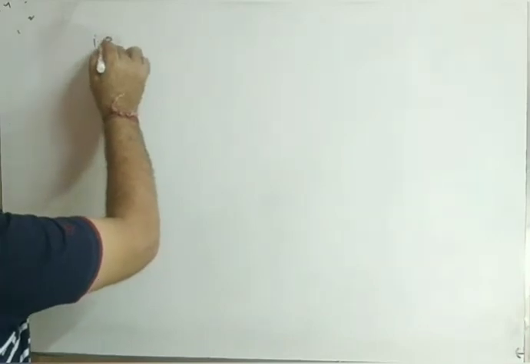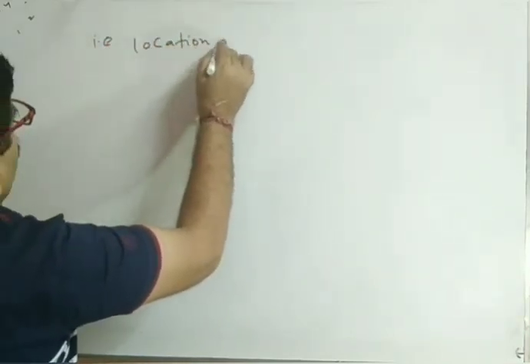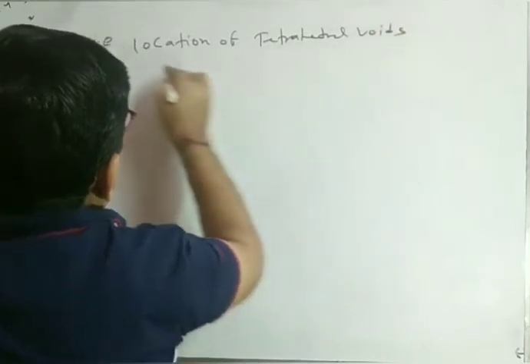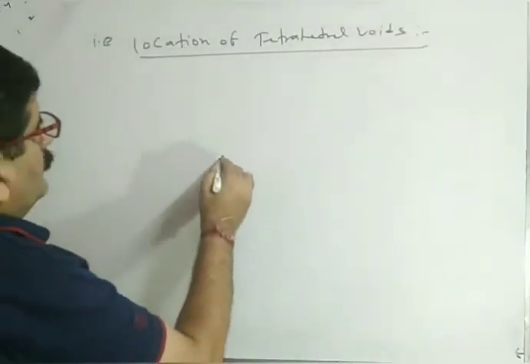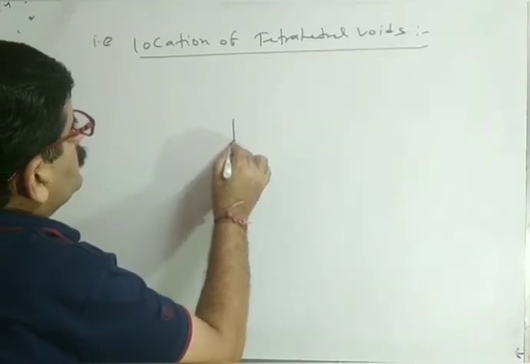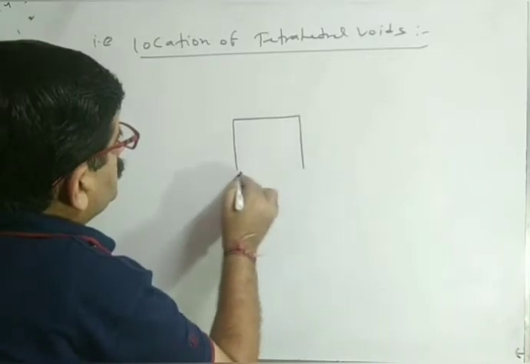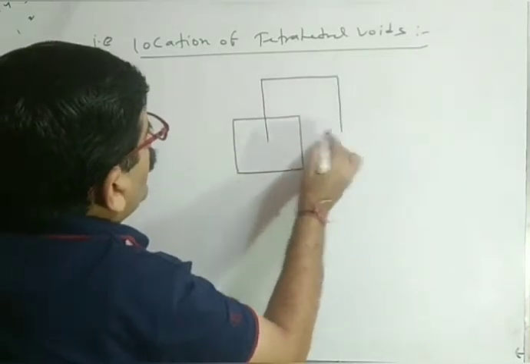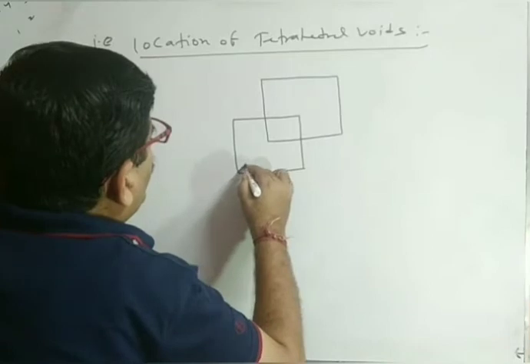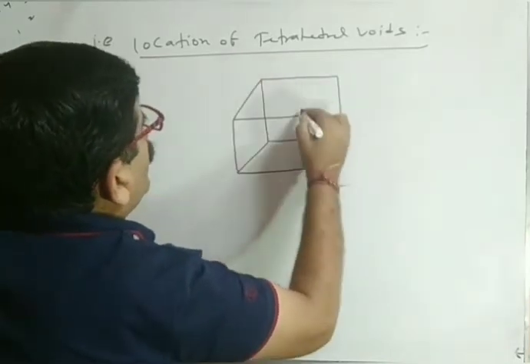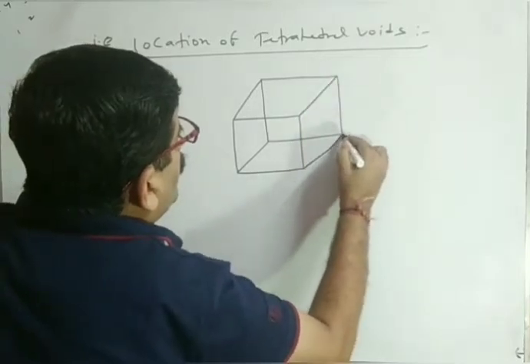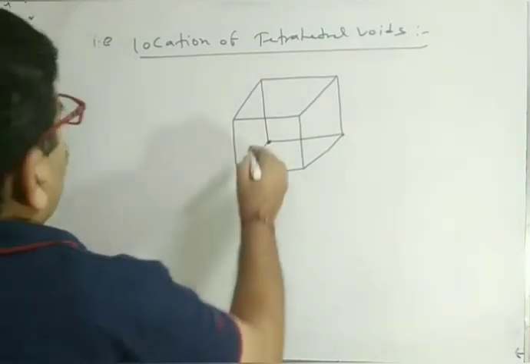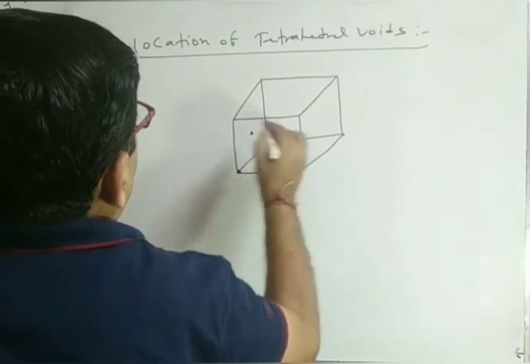That is, location of tetrahedral voids. Look at this cube. One, 2, 3, 4, 5.